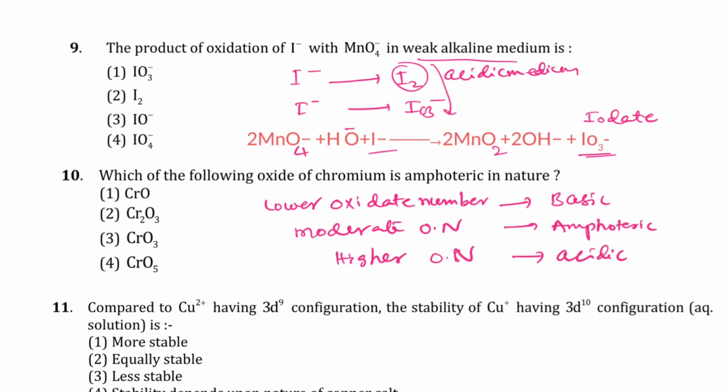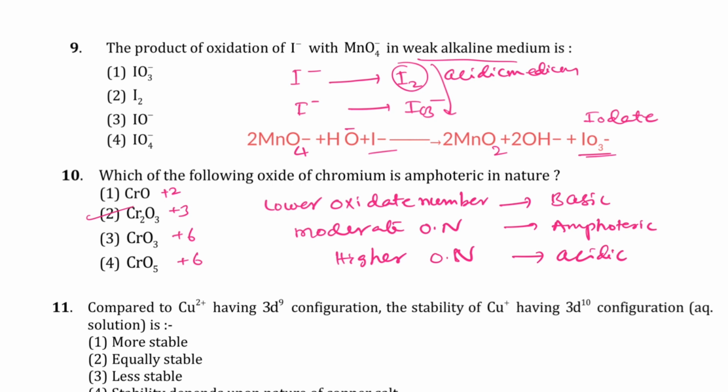Now we want amphoteric, meaning moderate oxidation state. According to this, chromium is plus 2 oxidation state here, plus 3 oxidation state here, plus 6 oxidation state here, and plus 6 oxidation state here. So which is the moderate one? Cr2O3 is amphoteric.